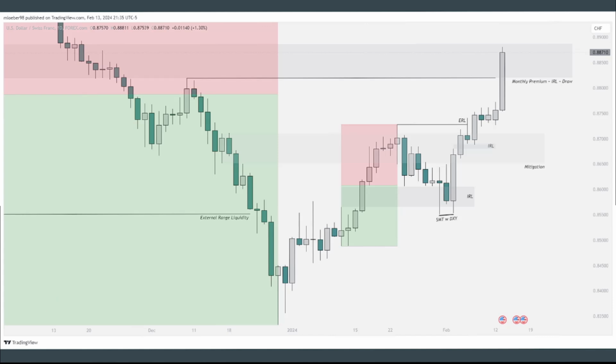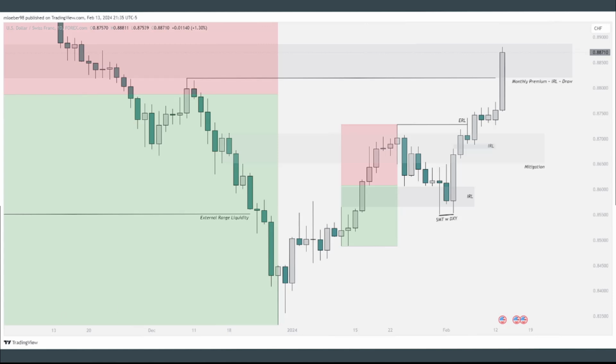Because when I narrow down my watch list and what I'm looking at for the week, it takes me no more than 10 seconds to identify a draw on liquidity, and if it takes me any time longer than that, I label it as low probability and I move on to the next pair. But I always do monthly, weekly, daily, and look for any internal or external range liquidity pool tags.